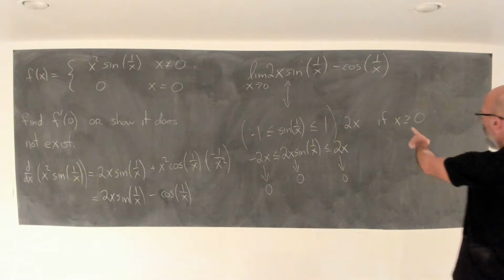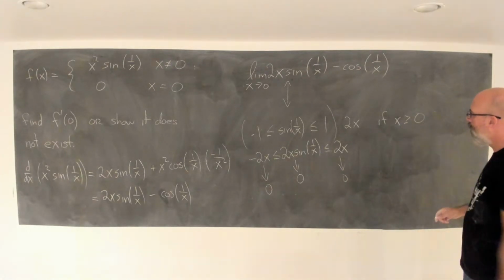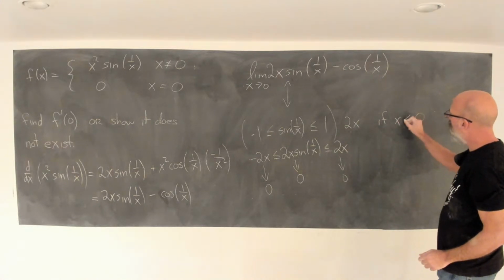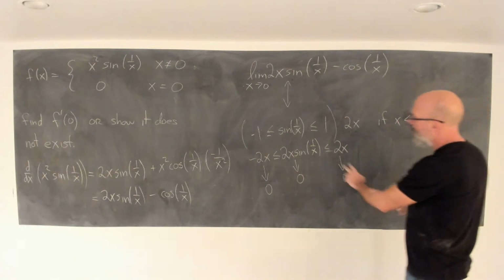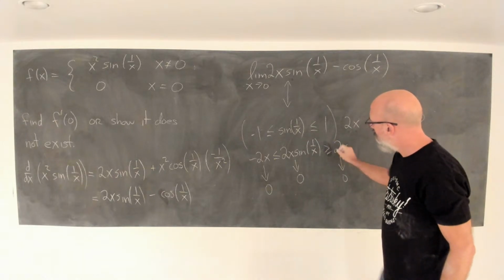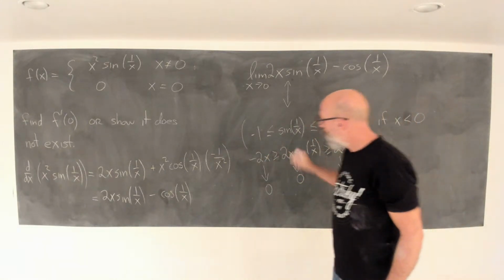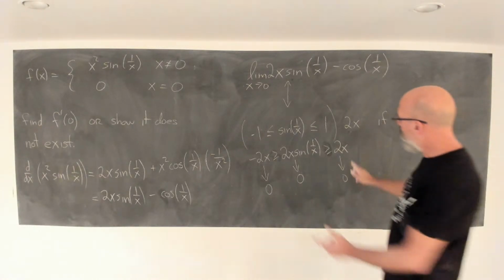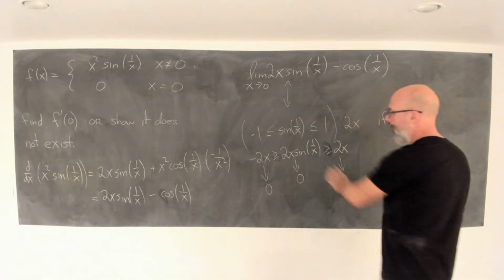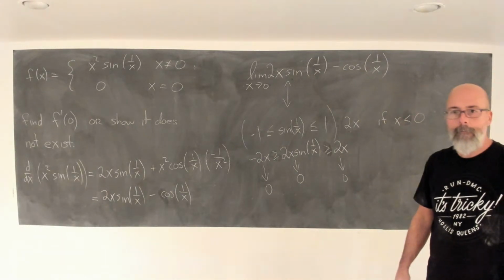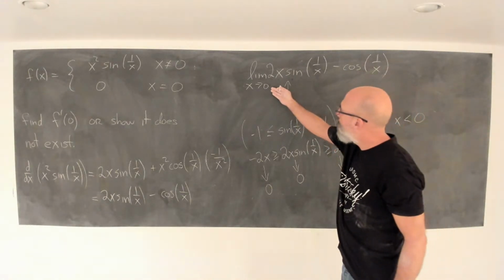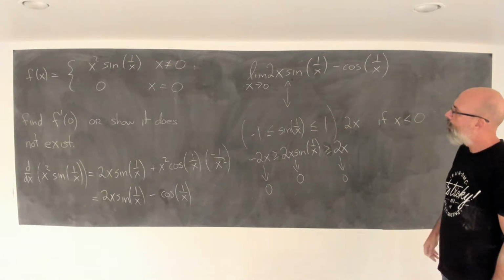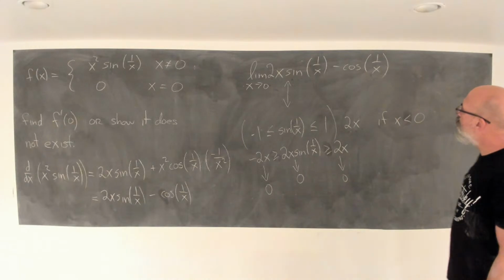Similarly, if x is less than 0, and you multiply by 2x, then the inequality reverses. But you still have a squeeze theorem happening. Both sides still go to 0, so the stuff in the middle goes to 0 as well. So the limit from the left and the limit from the right are both 0. This limit is 0.